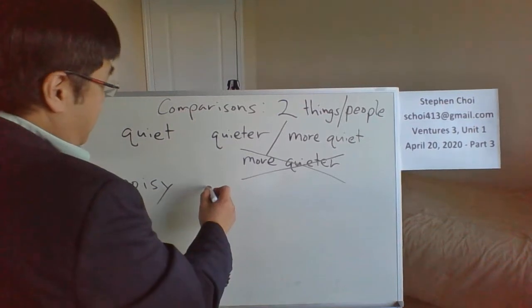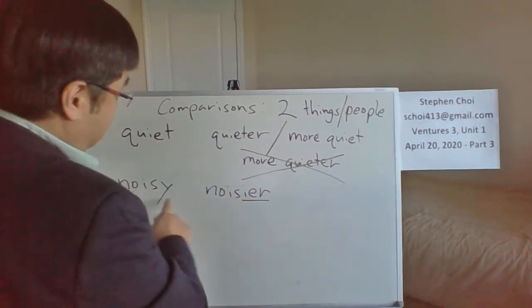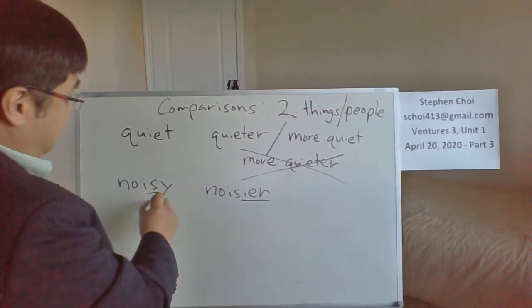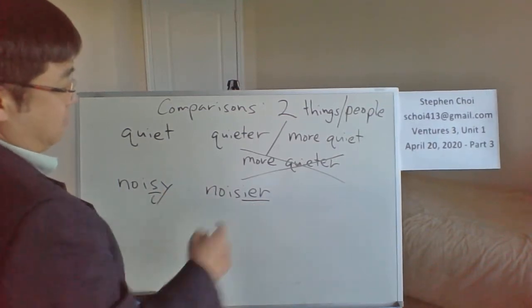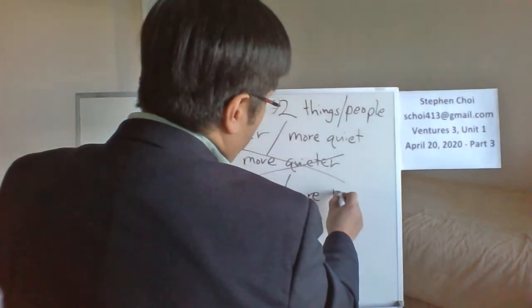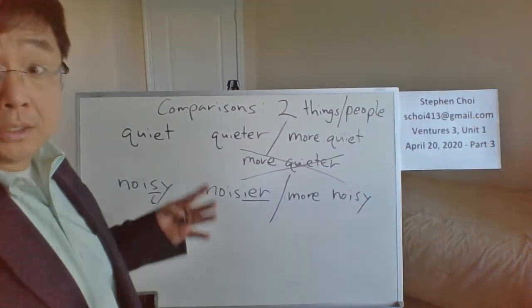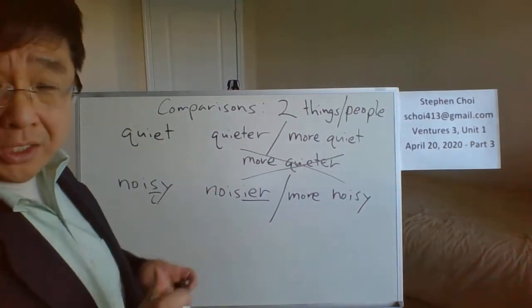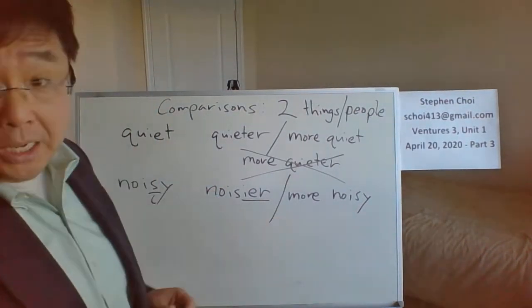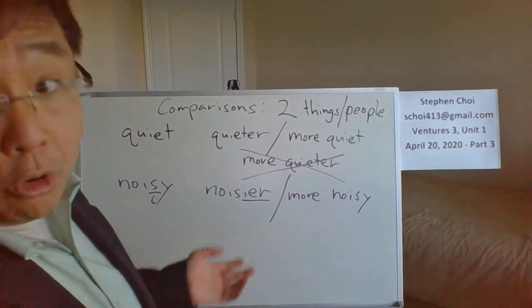You can say noisier. Because it's a y with a consonant, you put ier, take out the y. Or you can just put more noisy. So a lot of two-syllable words you can do both ways: just put er or put more in front of it.